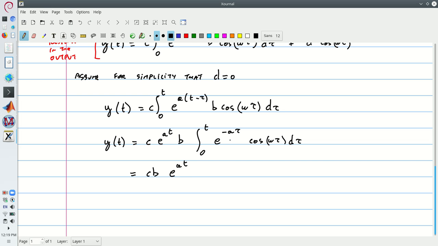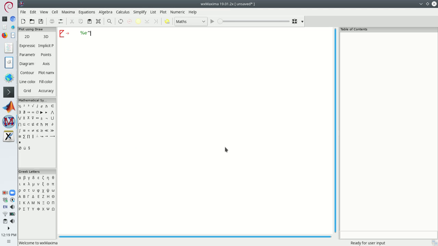So E to the exponential of minus a times tau, and this is multiplied by cosine. Instead of omega I use w because w looks a bit like an omega, so I don't have to type too much. And this is the expression that Maxima has seen.